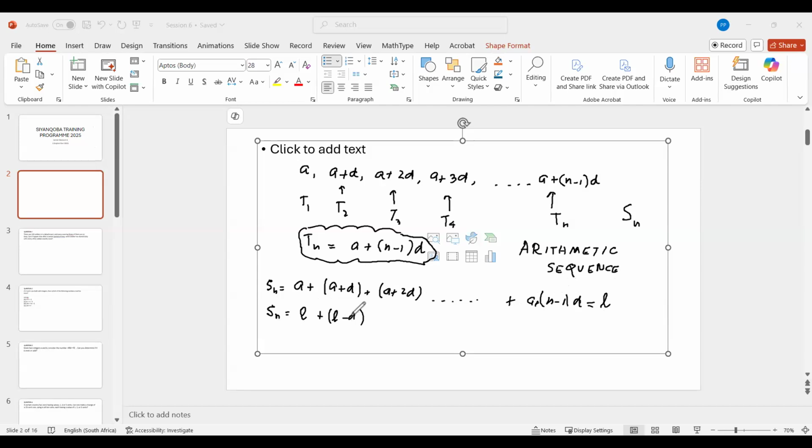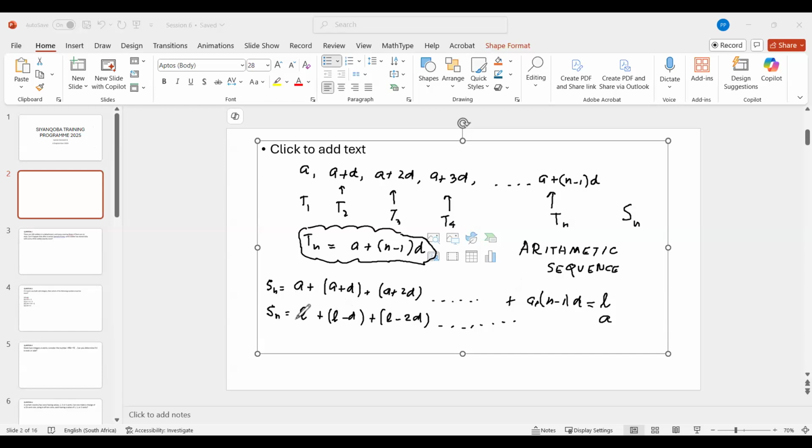Because I had to add D to this to get to that. So the one just before that is L minus D. The one before that one is L minus 2D, and so on until you come to the very first term, which is A. So when you write it backwards, you'll end up at A.